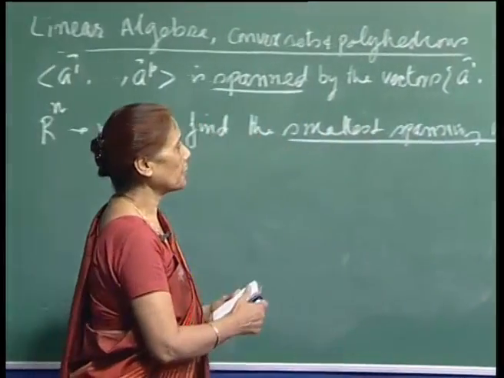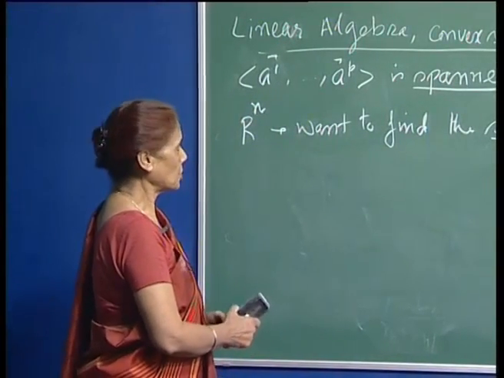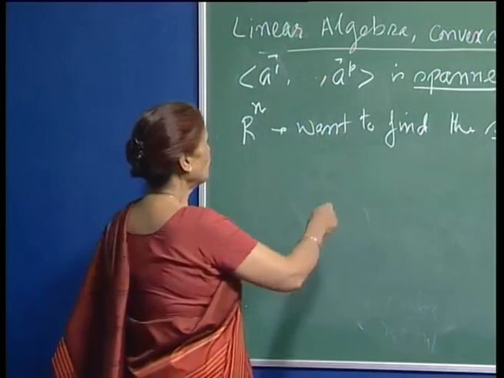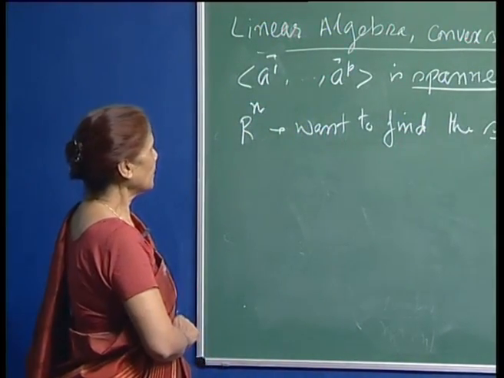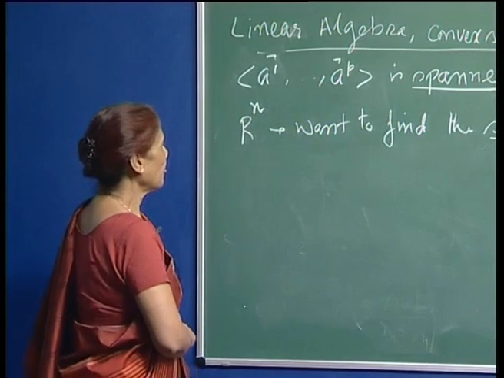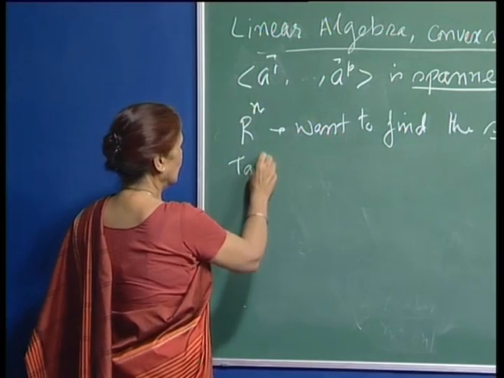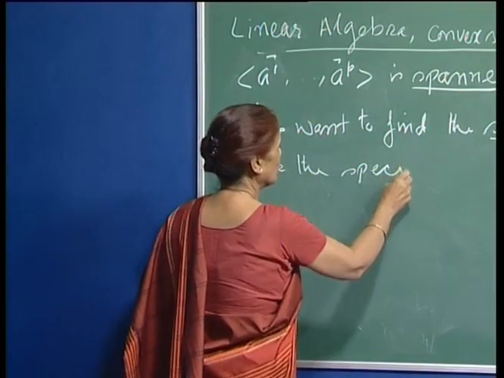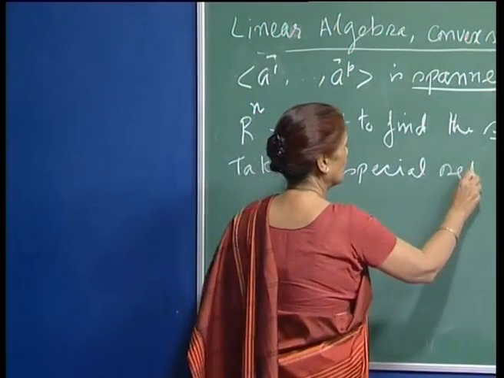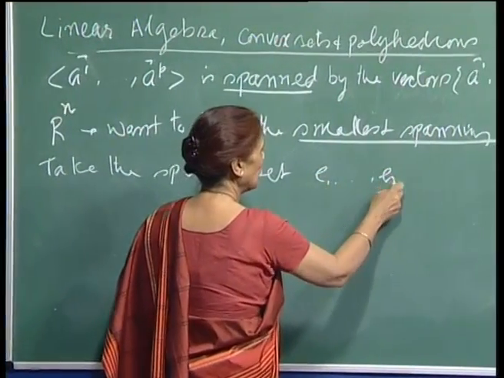So we want to be able to represent the vector space in as precise a way as possible, and of course, so okay, we want to find a smallest spanning set, and this is what we are trying to say now. For example, you take the special set E1 to En.